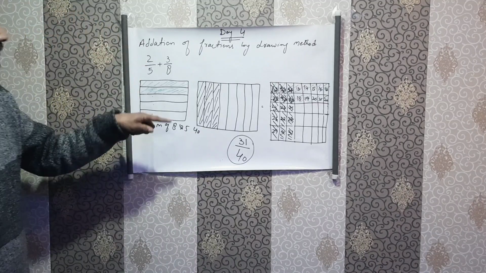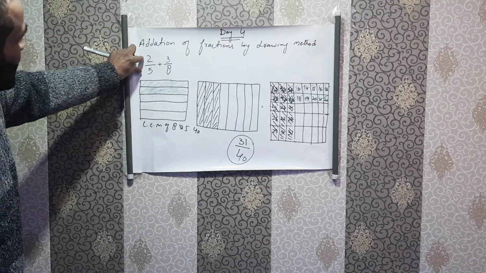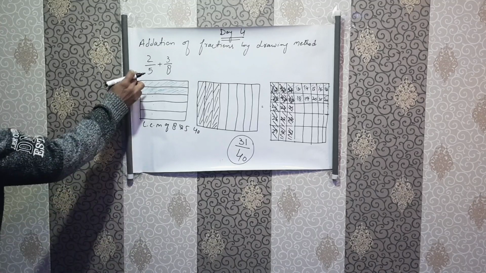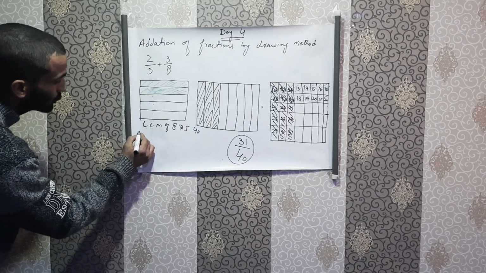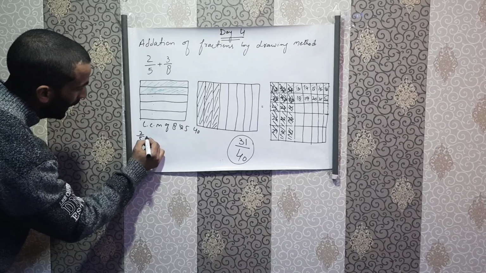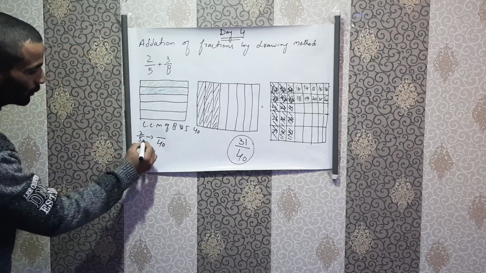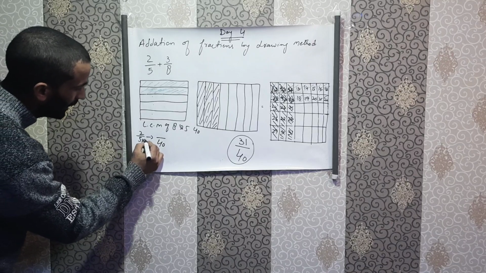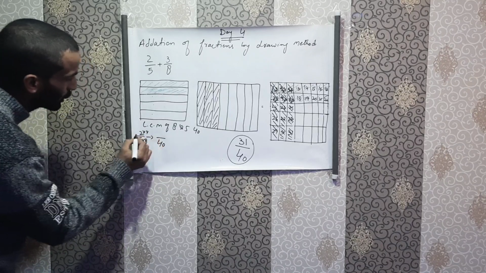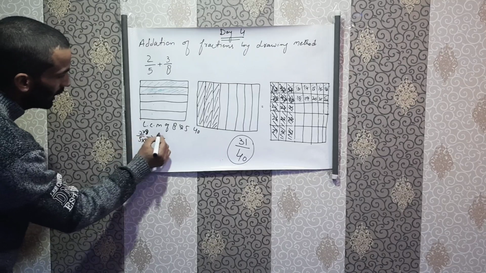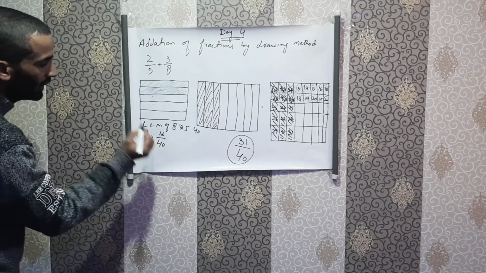Clear? Now what we will do? We are going to find the equivalent fraction of the first fraction with LCM as denominator, that is 2 by 5, and our denominator will be the LCM, that is 40. We multiply by 8 downside also, upside also: 2 eights are 16, 5 eights are 40.